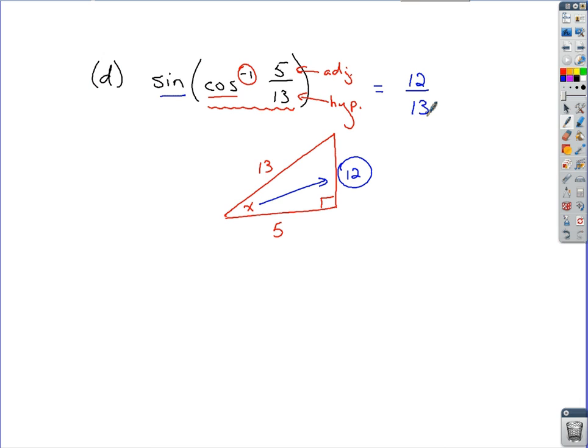And that opposite side would have to be 12 because if you think about it, you've got a Pythagorean triple of 5, 12, and 13. And if you didn't know that, then I would take 5 squared plus a squared equals 13 squared. Solving for a, you would also find that you get 12.